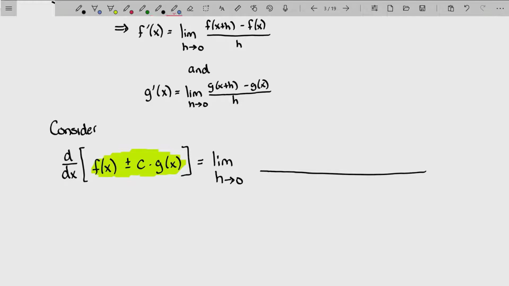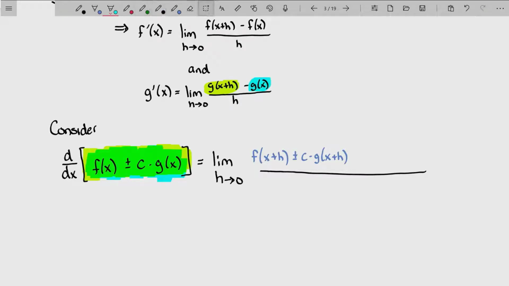In fact, I'm going to write that in blue so we can see it. So it's f of x plus h plus or minus c times g of x plus h. And then remember, I'm just following kind of this format right here. We just evaluated our function that we were handed, this guy right here, at x plus h. And now what we're going to do is subtract off that same function, this guy right here, without the x plus h, just the x.